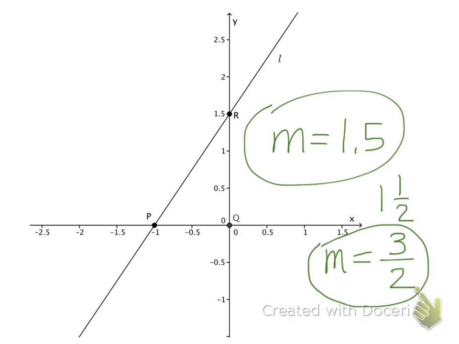And while we're looking at this diagram, I would like to ask you, where do you see the ratio 3/2 on this diagram? Okay, so you can pause the video and think about that a little bit.